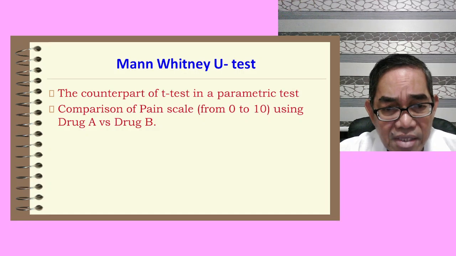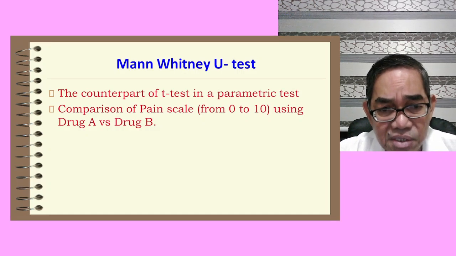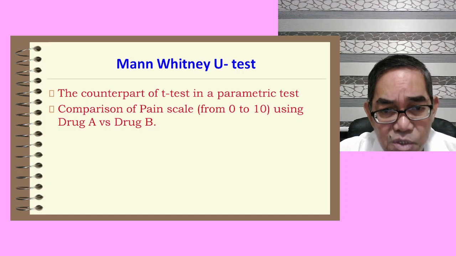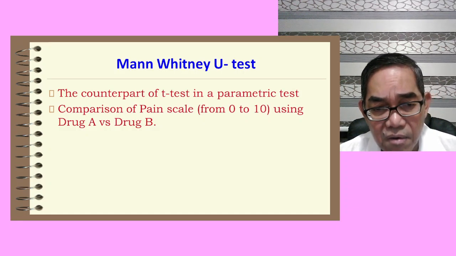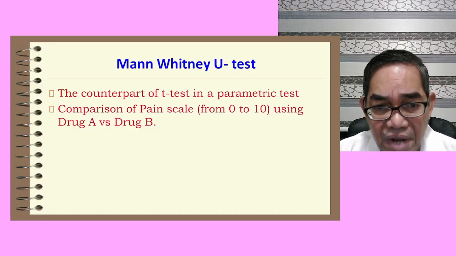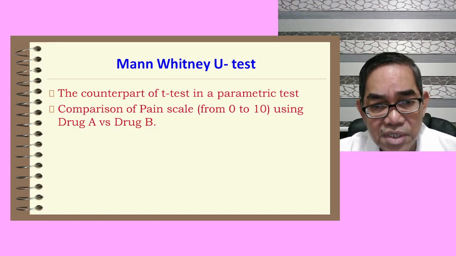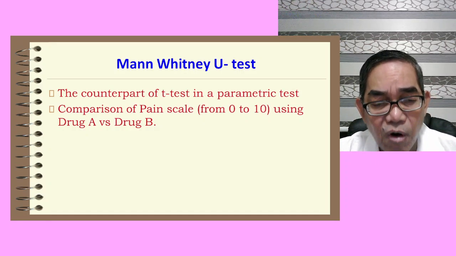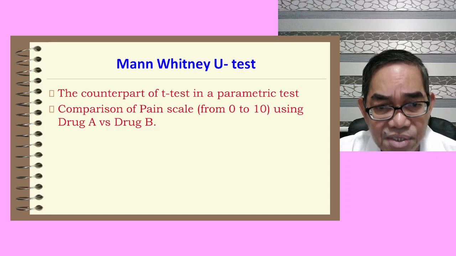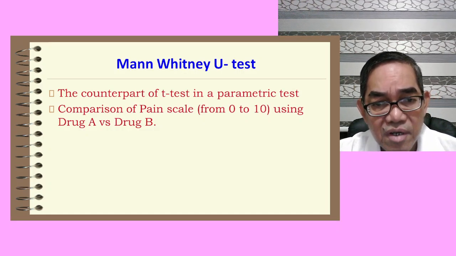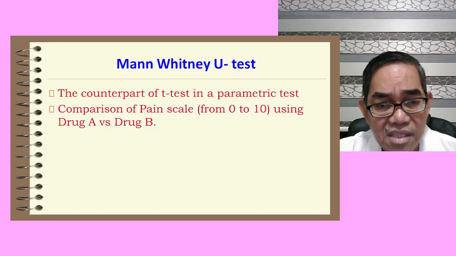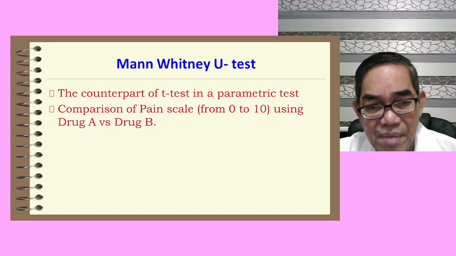The independent t-test is the counterpart in the parametric test of the Mann-Whitney U test, or rather, let me rephrase that. The Mann-Whitney U test is the counterpart of the independent t-test in the non-parametric test.